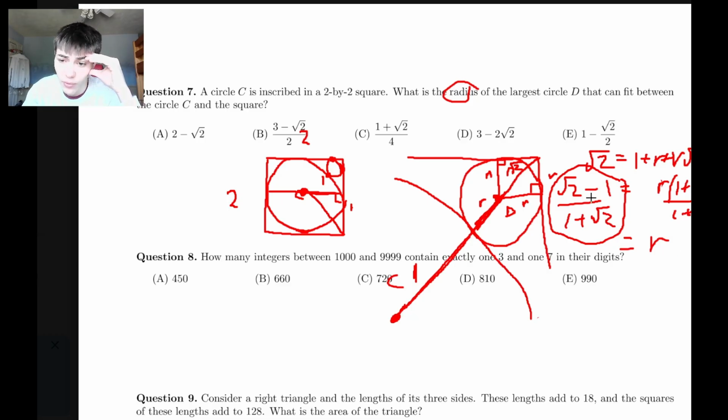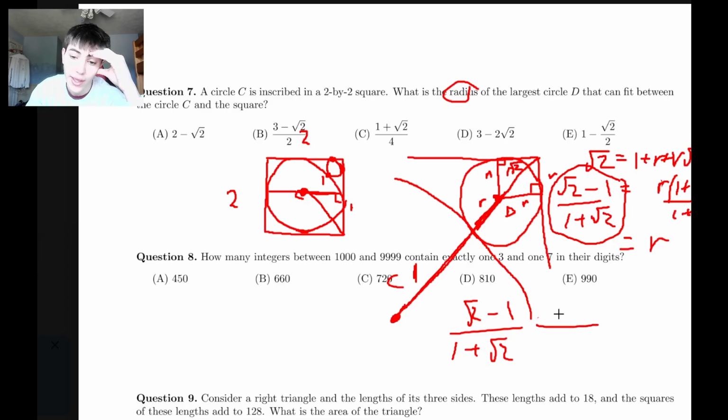So if we rationalize the square root of 2 minus 1 divided by 1 plus the square root of 2, we would have to multiply by 1 minus the square root of 2 on the top and bottom. Okay, and that's going to get us, well, let's multiply the top first. We have the square root of 2, and then we have minus 2, and then we have minus 1 plus the square root of 2.